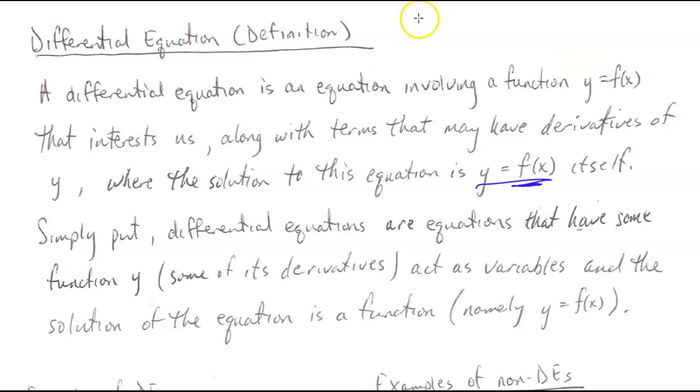Let's say we looked at an equation like this, 3x minus 8 is equal to 24. Of course, when we say we solve this equation, what we're actually doing is trying to solve for this variable x, and it's going to be a number. Well, in differential equations, the actual function that we're looking for is acting as the variable in these equations.